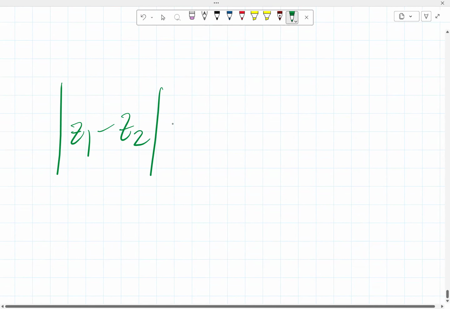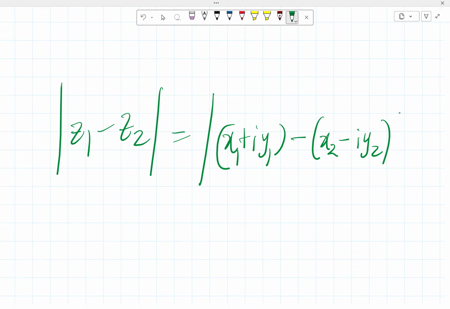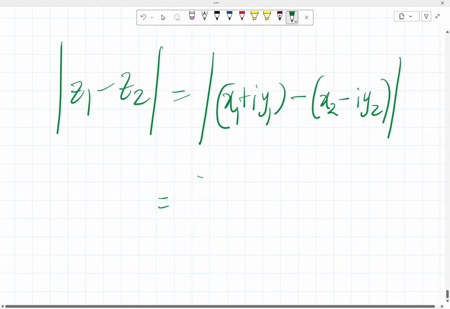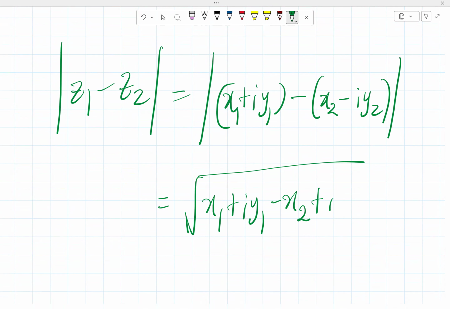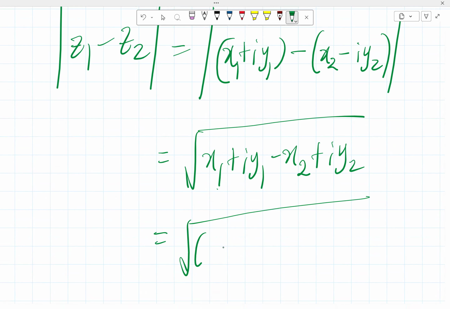We know z1 is x1 plus iy1, minus z2, that's x2 plus iy2, absolute value of this. Then we collect like terms, and like terms here are the real parts. So x1 and x2 are real, so we have x1 minus x2.